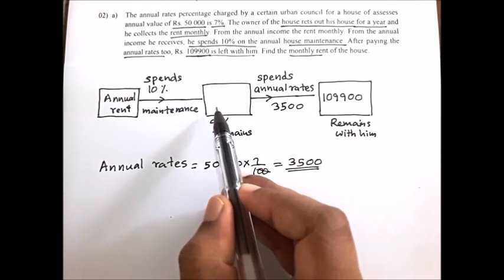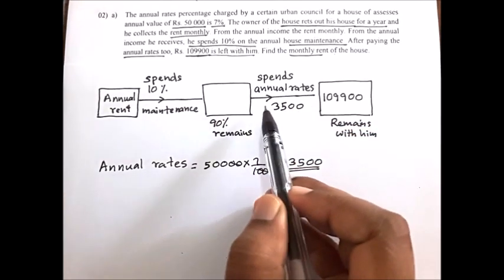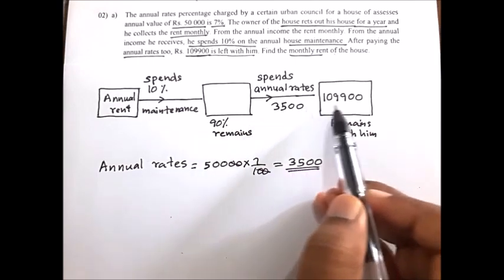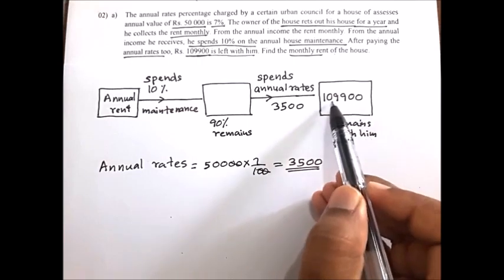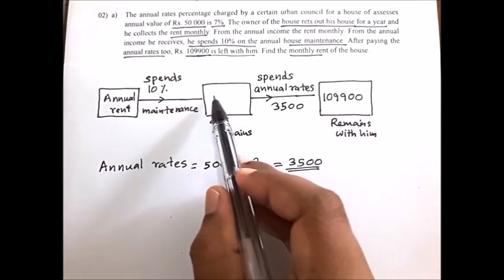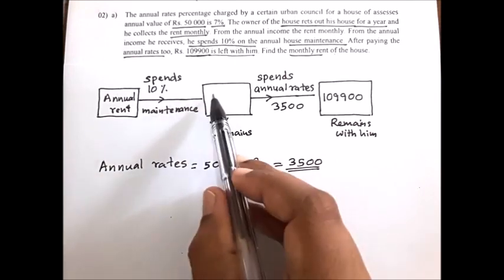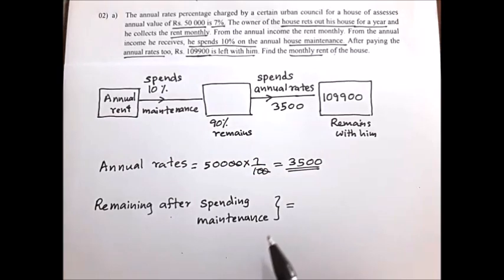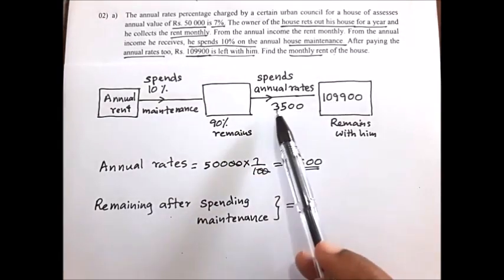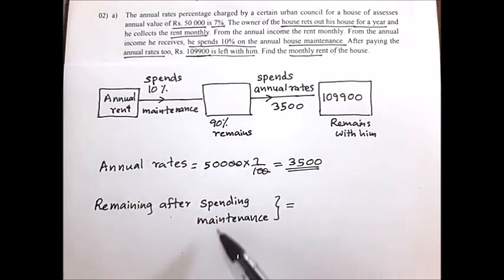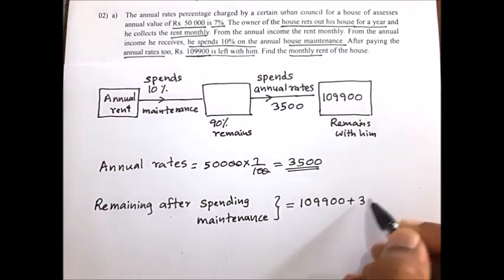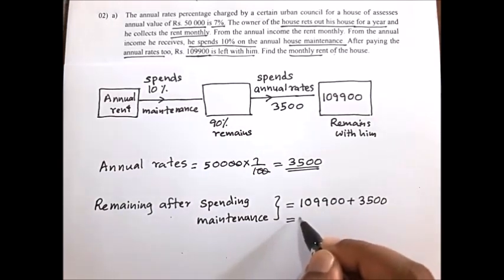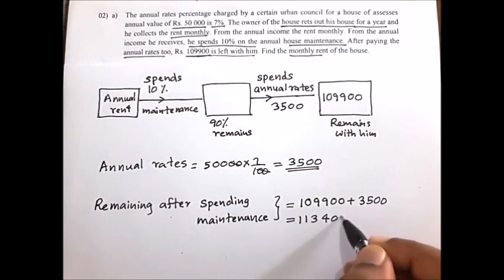Now how can you find the amount here? After spending annual rates 3,500, he has 109,900 rupees remaining. Then you have to add these two values to find the amount remaining after spending on maintenance. 109,900 plus 3,500 is 113,400.